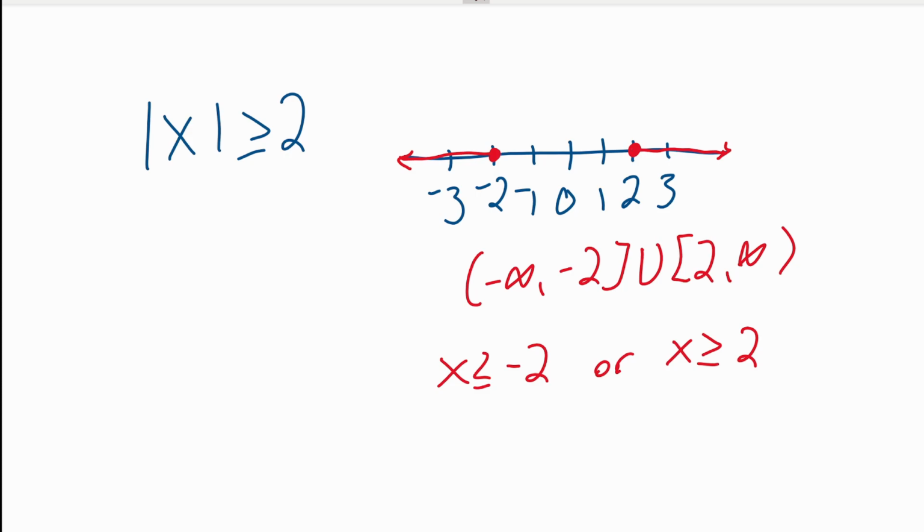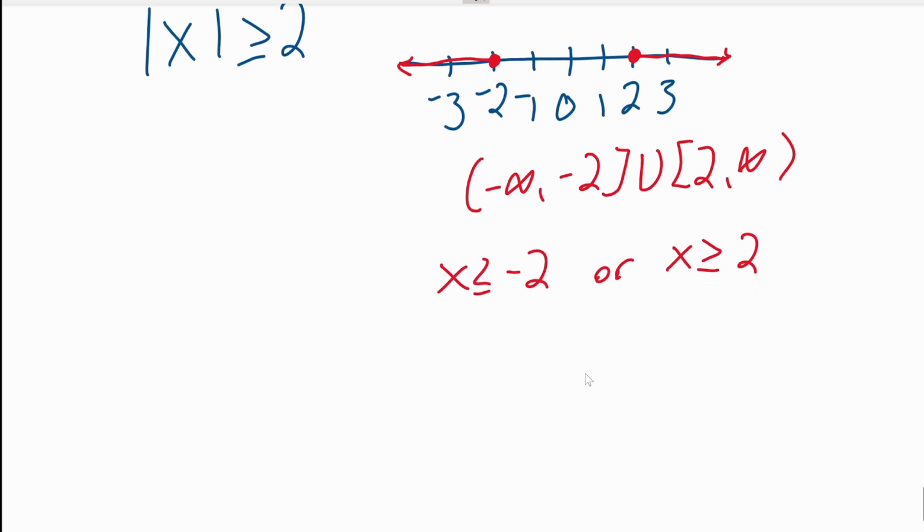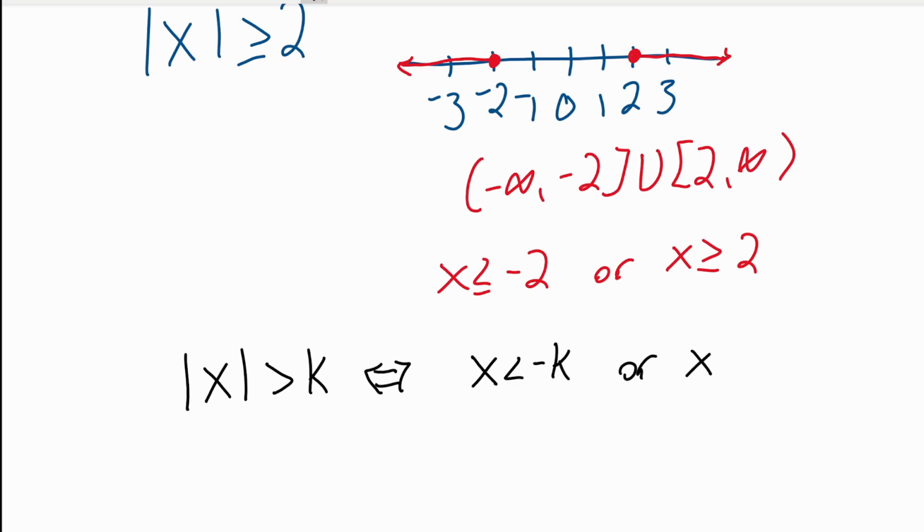So in general, this will be true: the absolute value of x is greater than some number k is equivalent to x is less than negative k or x is greater than k. The symbol right here, an equals sign with arrows on the end, means it's equivalent.